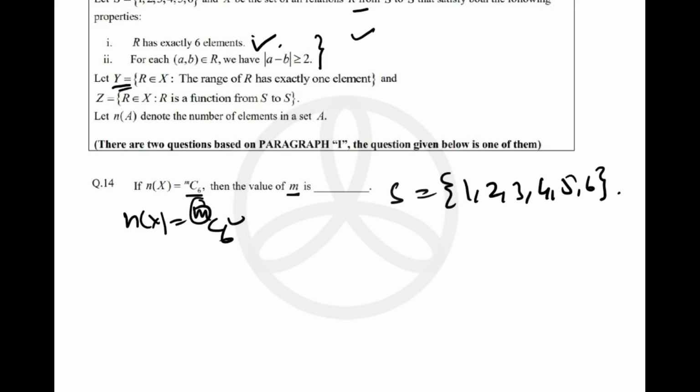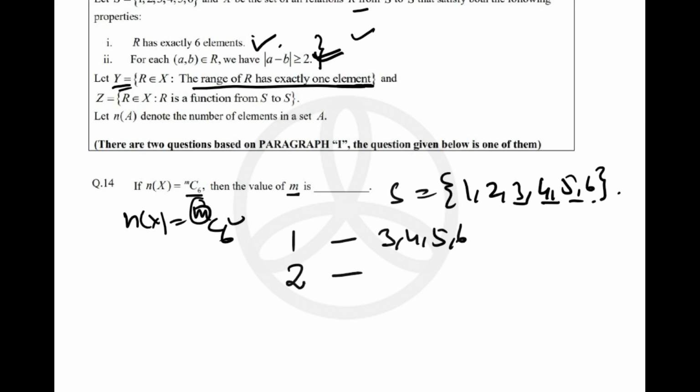When the range of R has just one element, we will take 1, then our possibilities will be 3, 4, 5, 6, because the difference is greater than or equal to 2 in this case. The moment we take 2 here, the difference between 2 and 1 will remain 1, which will violate this particular condition. For 2, it is 4, 5, 6 only. For 3, it is 5, 6 only. For 4, it is 6 only.